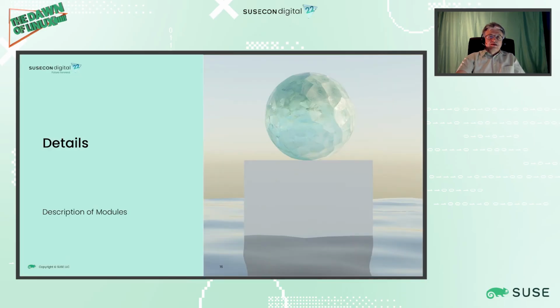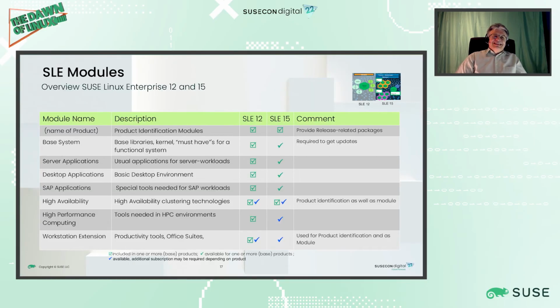Let me get a little bit into some selected modules. You see here an overview between SUSE Linux Enterprise 12 and 15 and what's available in which code base. Be aware, for SLE 12, most of those modules are already part of the download of the big blob.